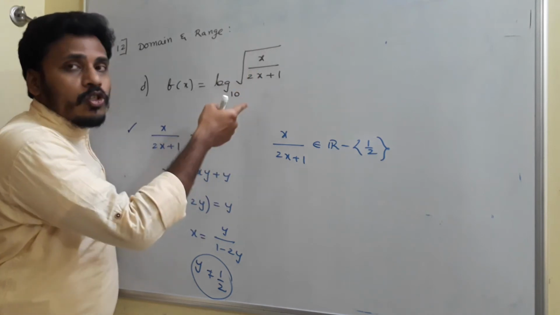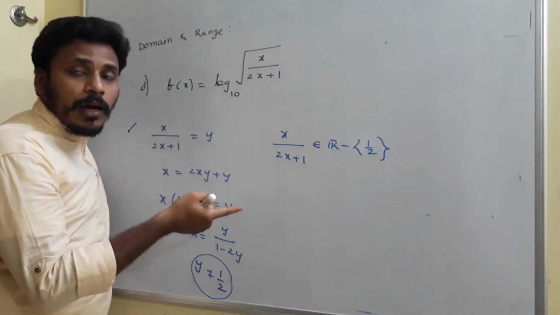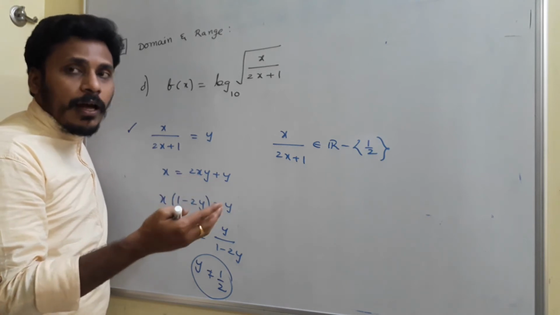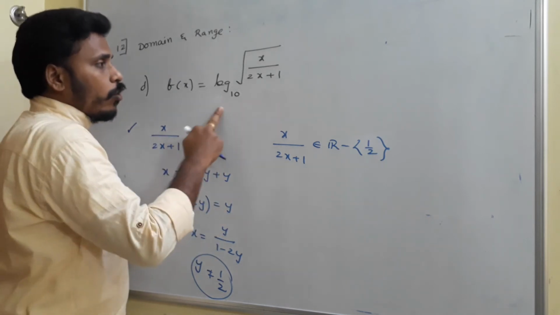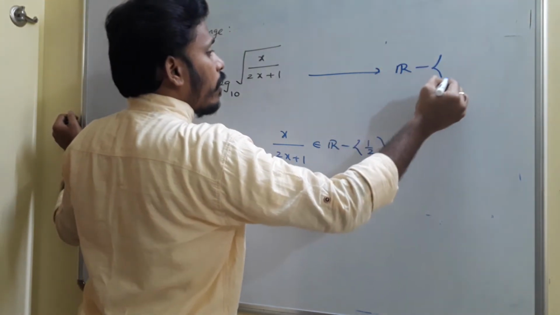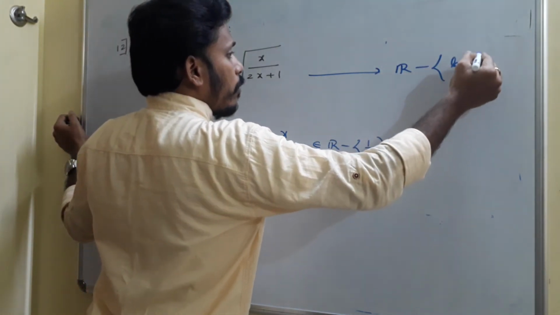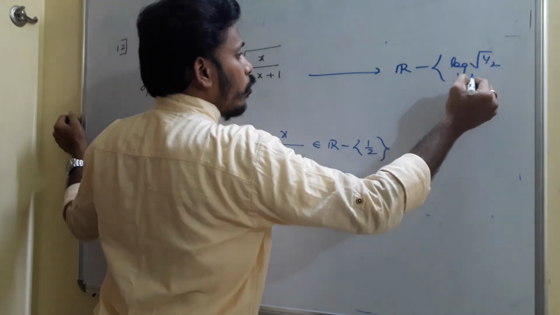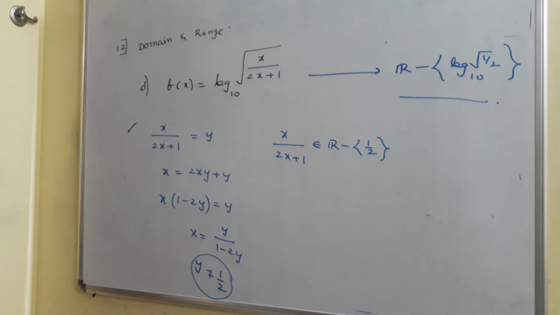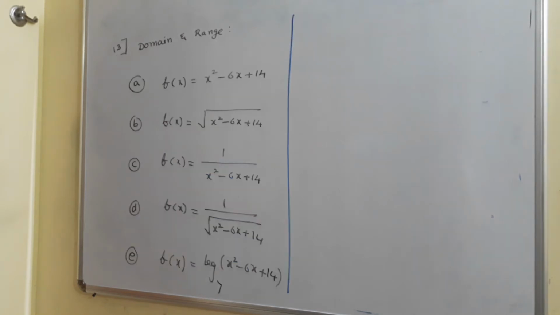Since root 1 by 2 is not allowed there, if you apply logarithm, you won't get logarithm of root 1 by 2 for the total function. So the range for the total function is all the real numbers minus logarithm of root 1 by 2 base 10. That's it. This is the range. Just have a look. If it is clear, I will go for the next one.